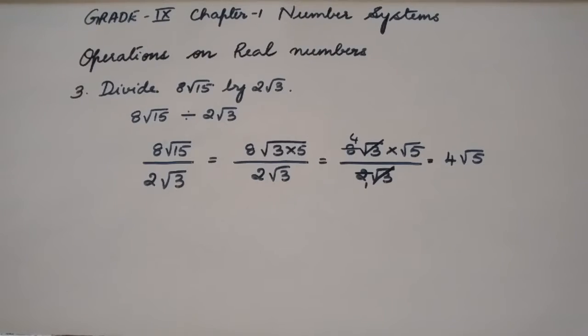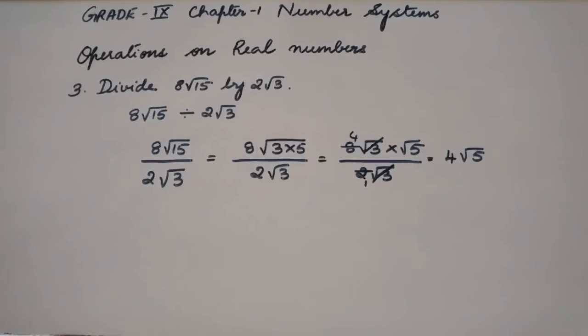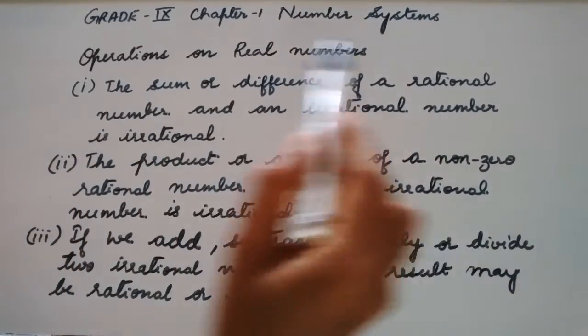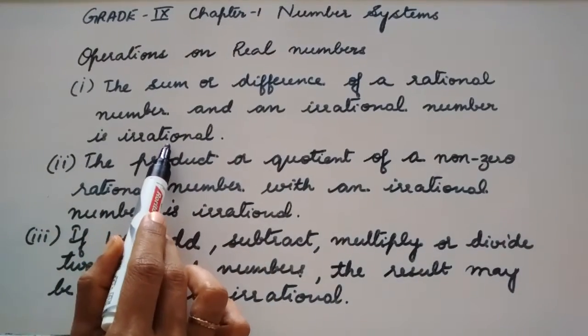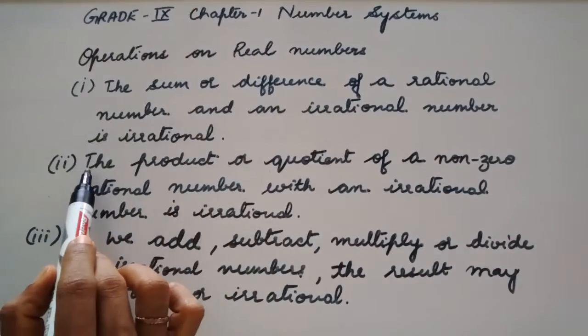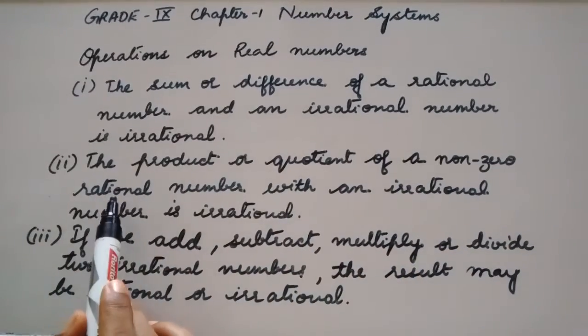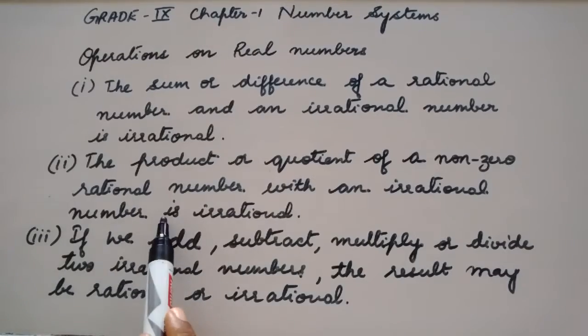So these examples make us understand the facts which are true. They are: the sum or difference of a rational number and an irrational number is irrational. The product or quotient of a non-zero rational number with an irrational number is irrational.